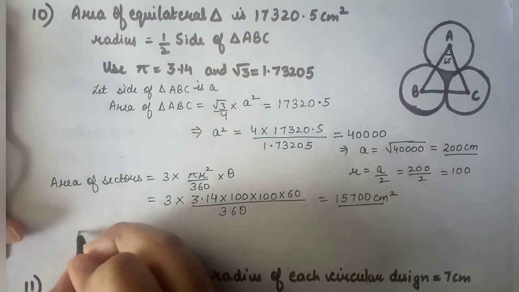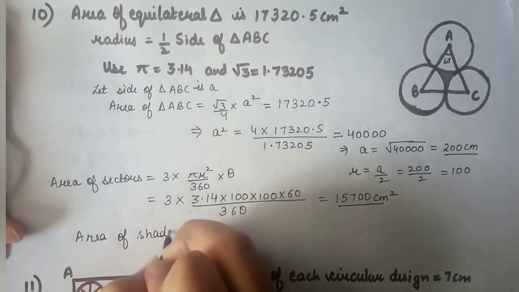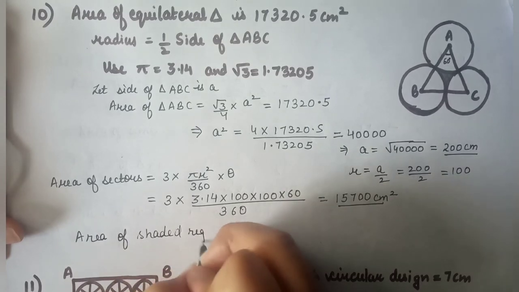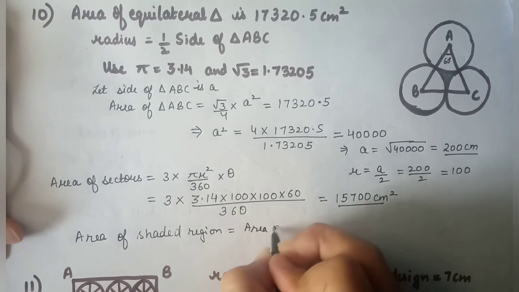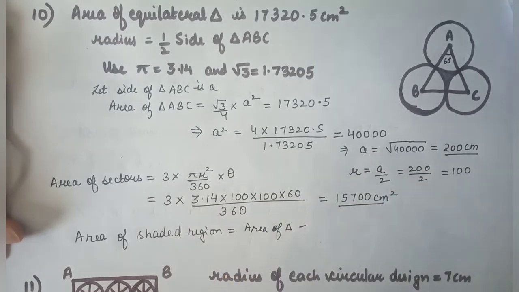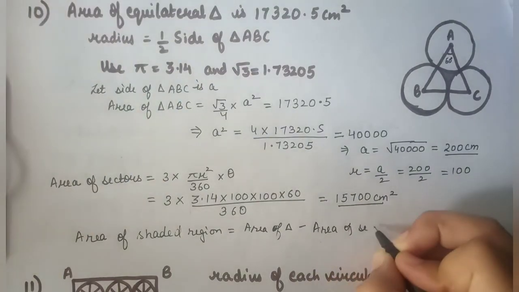So to find out the area of shaded region, it is area of triangle minus area of sectors.